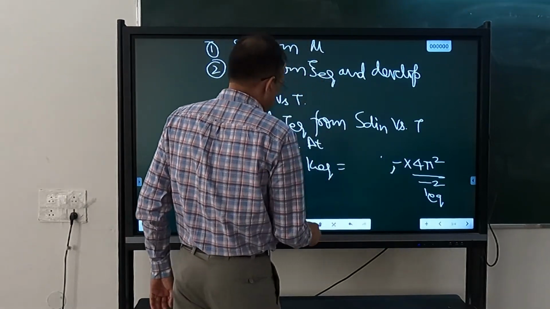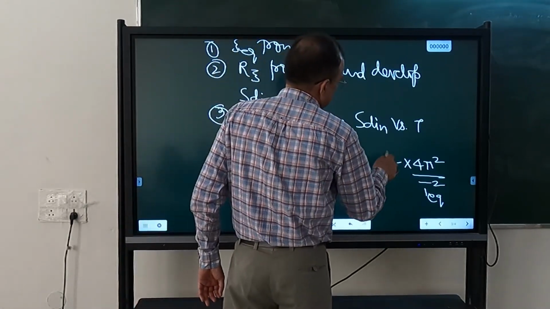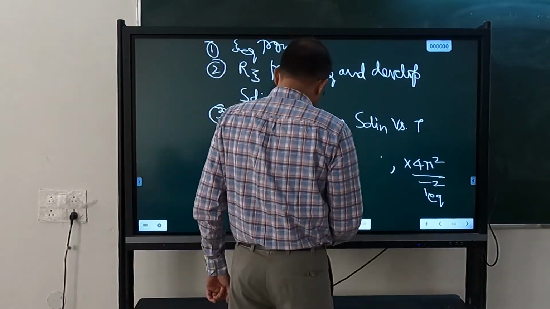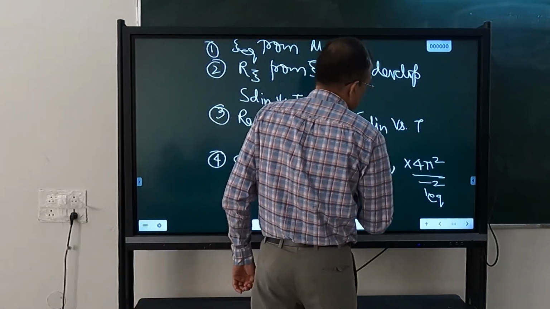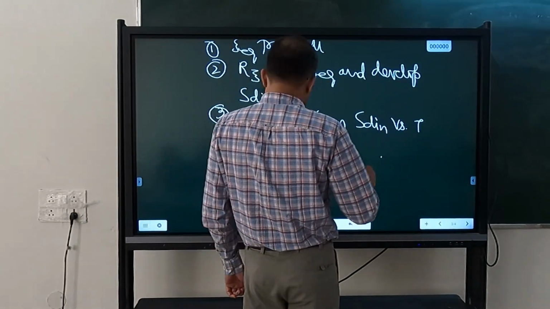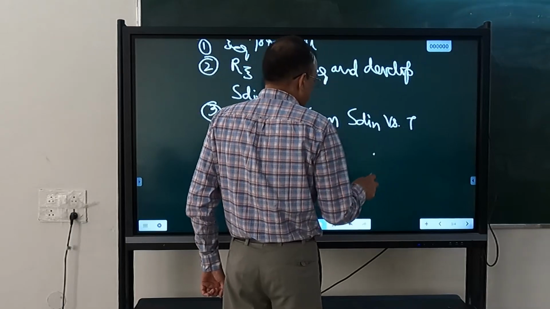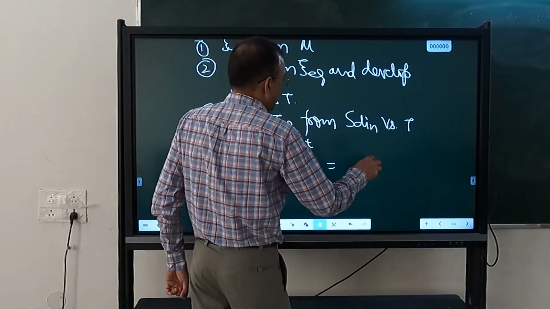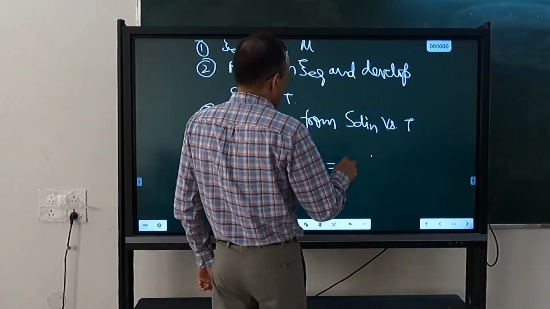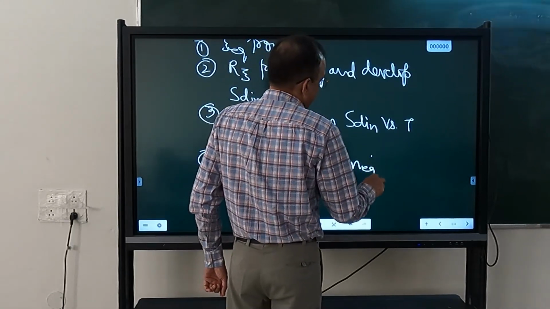This is the M. K is M omega square. Not SA. I have calculated SA, so we are not calculating SA. We have already obtained T. We can calculate M equivalent.